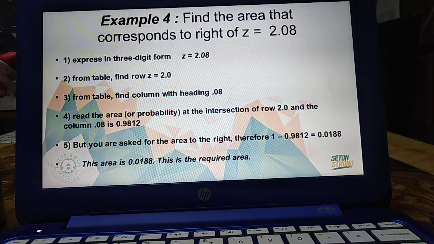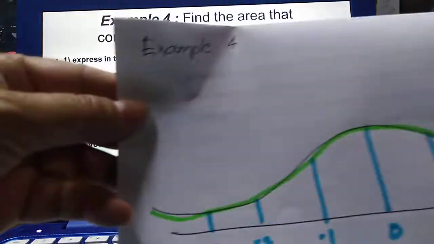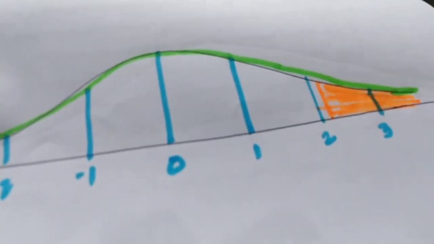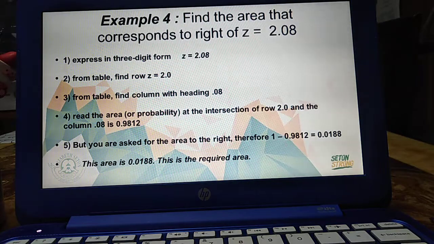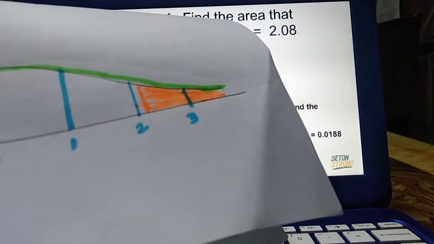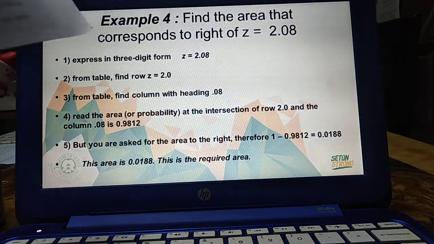However, we are looking for the area to the right. So in our graph, you are going to notice this one. 0.9812 is the area from the left until 2.08.